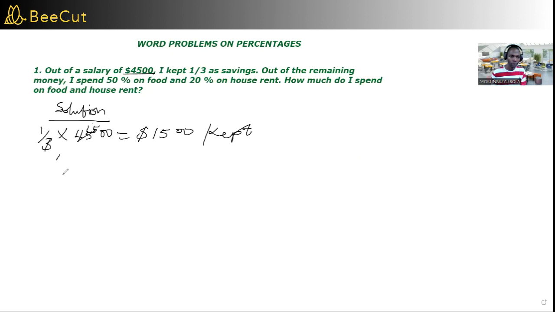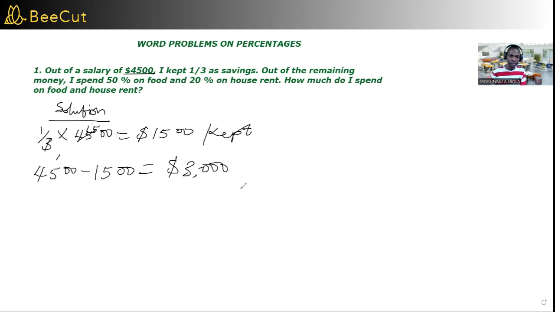So here now remains how much? 4,500 minus 1,500, and that is $3,000. Now, out of $3,000, I spent 50% on food.